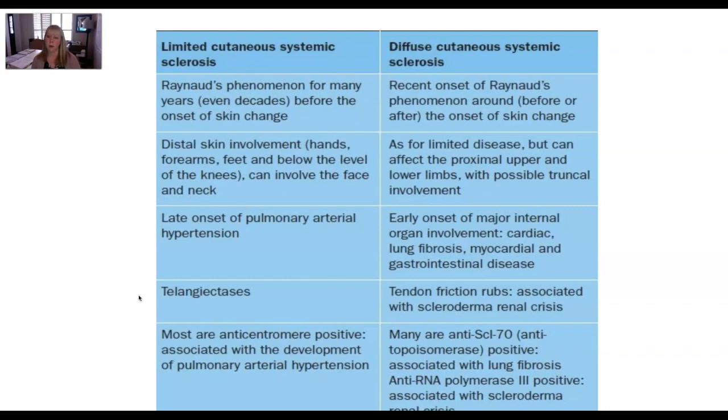In limited cutaneous systemic sclerosis, there's Raynaud's phenomenon for many years, even decades before the onset. Diffuse cutaneous is a recent onset, after the onset of skin change. So there are some differences between the limited and the diffuse.